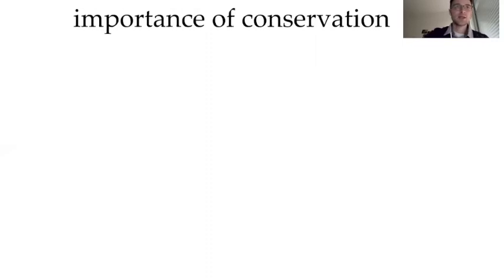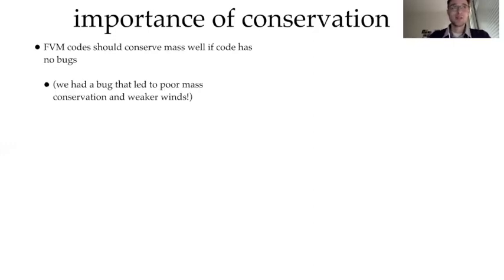Now I'll get into some of the issues that I've experienced with Thor or seen in other GCMs. One important thing to consider is, of course, conservation of various properties, and perhaps the most important is conservation of mass. Now, finite volume models like ours should conserve mass very well if the code does not have any bugs, and I have personal experience here because we did have a bug that led to poor mass conservation and weaker winds in older versions of the model.